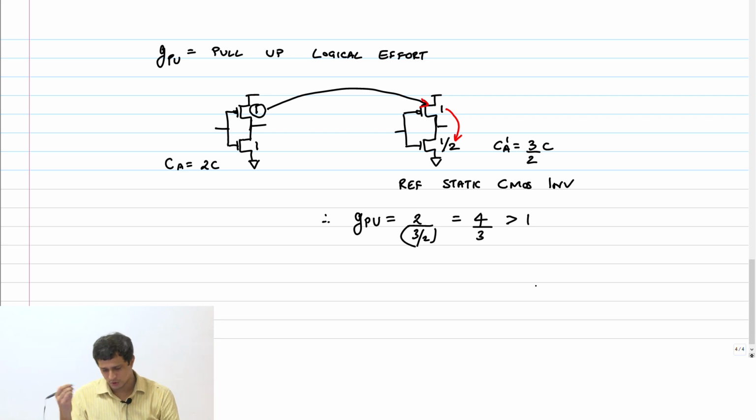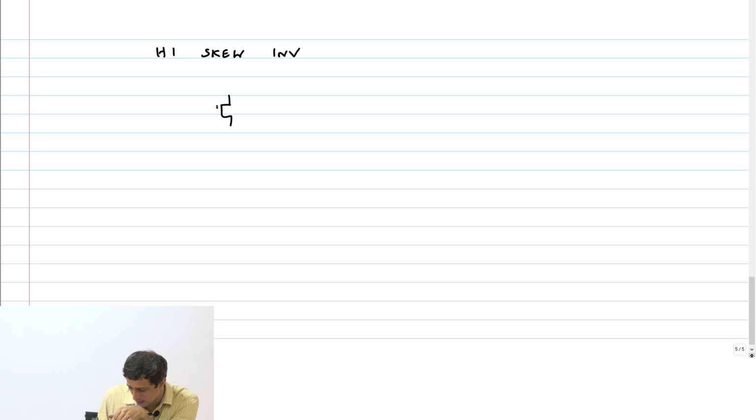Clear? So similarly, you can construct what is known as a high skew inverter. So this is my reference static CMOS inverter.